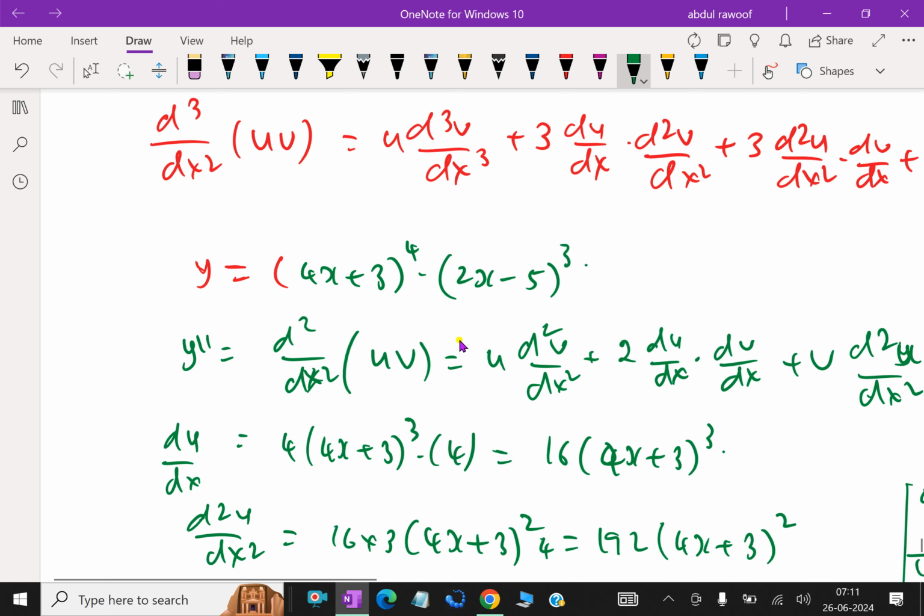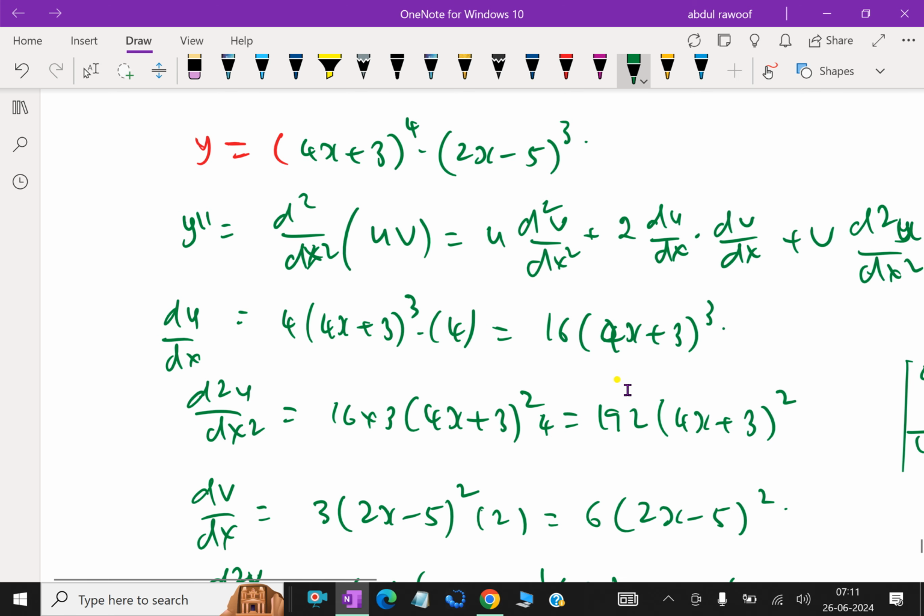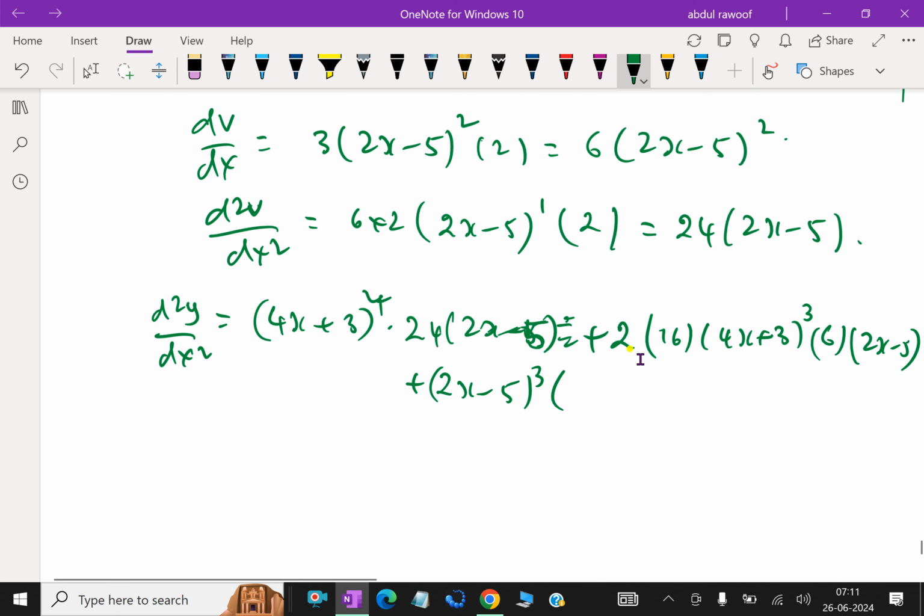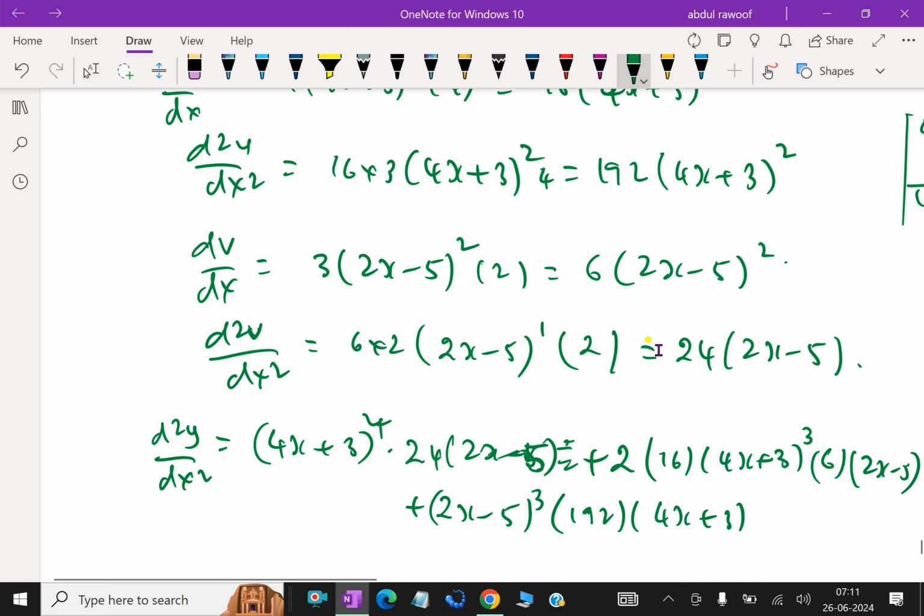D square u by dx square is 192 into 4x plus 3 power 2.